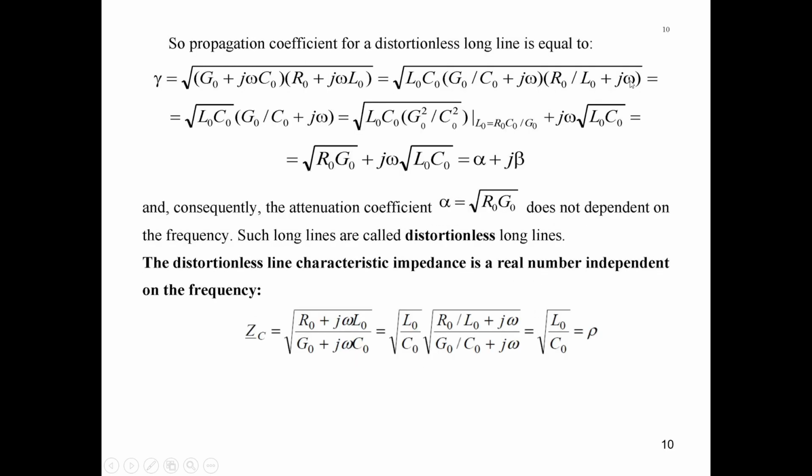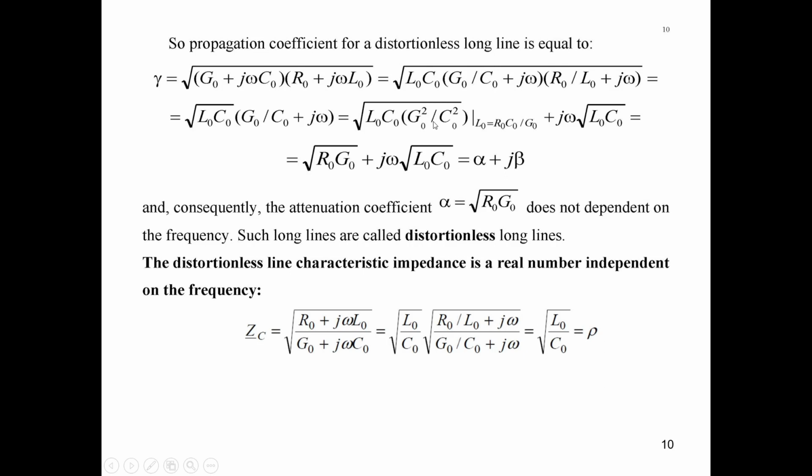So this expression in brackets will be equal to that expression in brackets, and so under the square root it will be this expression squared, and we can write it just without the square root, it will be just this expression. So it will be the square root of L0 C0 multiplied by this expression, because the condition R0 over L0 equal to G0 over C0 is fulfilled.